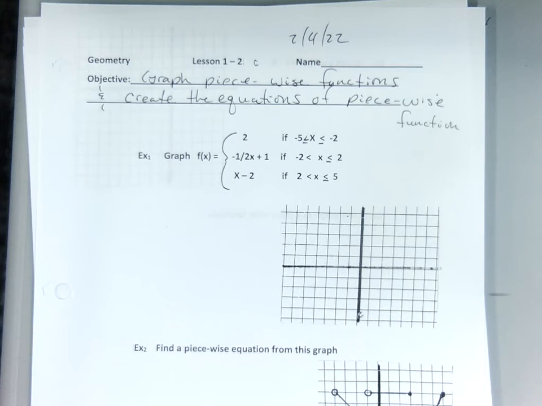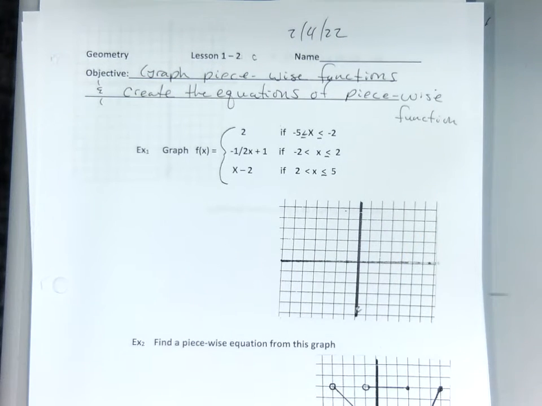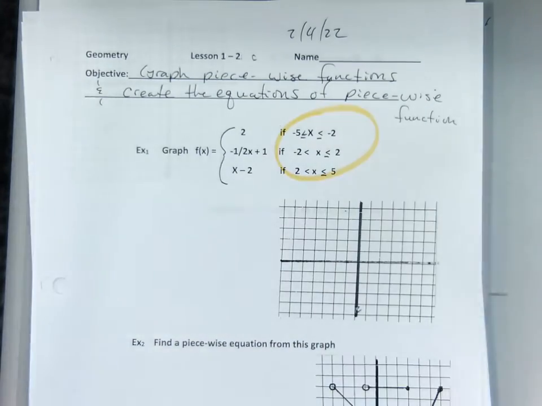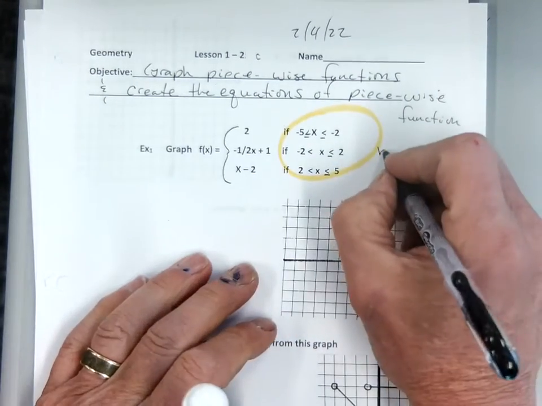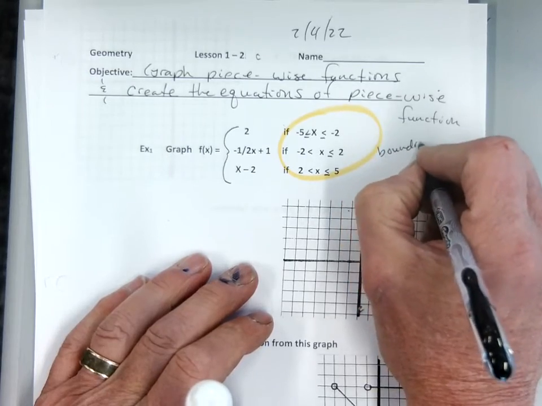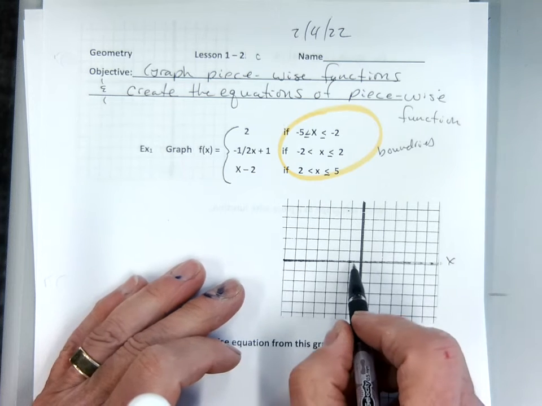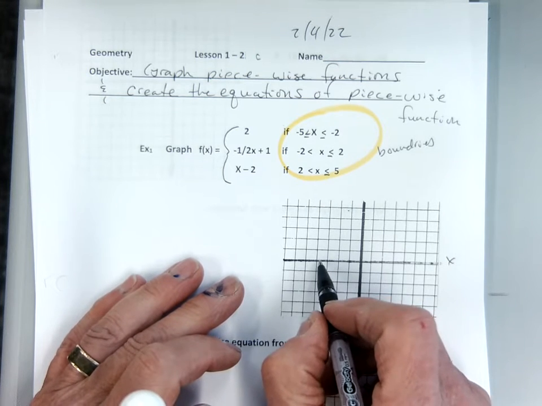All right, so what's the first thing we do? What's the first thing we should do to do number 1? The boundaries, right? There's my boundaries. So let's find my boundaries. So x-axis, right? -5, 1, 2, 3, 4, 5.